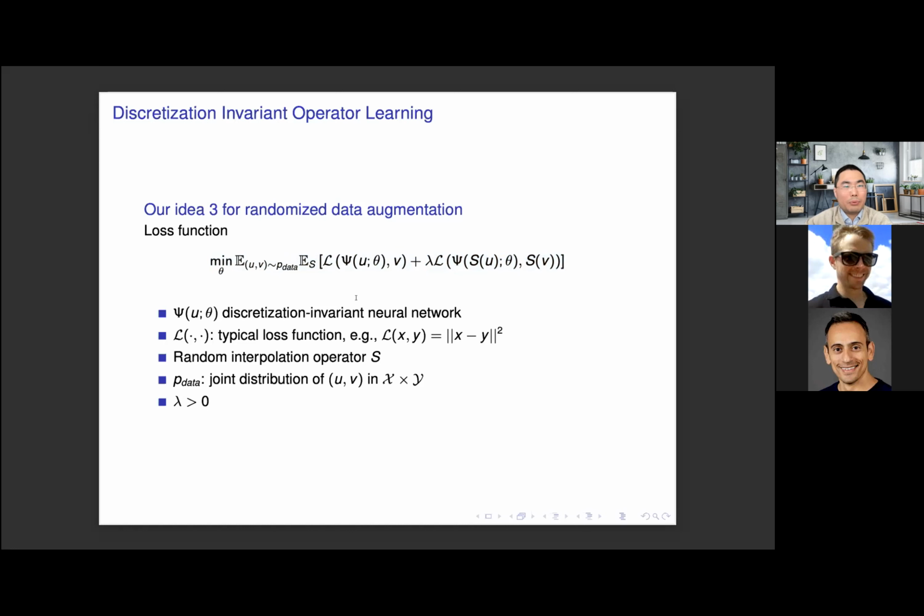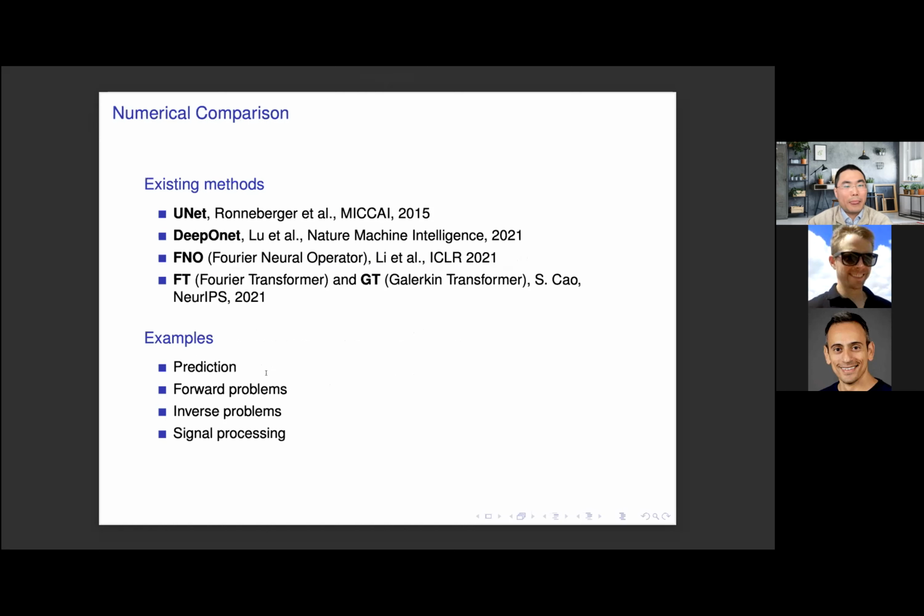So if we apply all the ideas together, then we can get our final algorithm called integral autoencoder neural network. And we try to compare our integral autoencoder neural network with some existing algorithms to see the performance. We compare it with some discretization-invariant learning methods, for example, FNO and the Fourier transformer, Galerkin transformer.